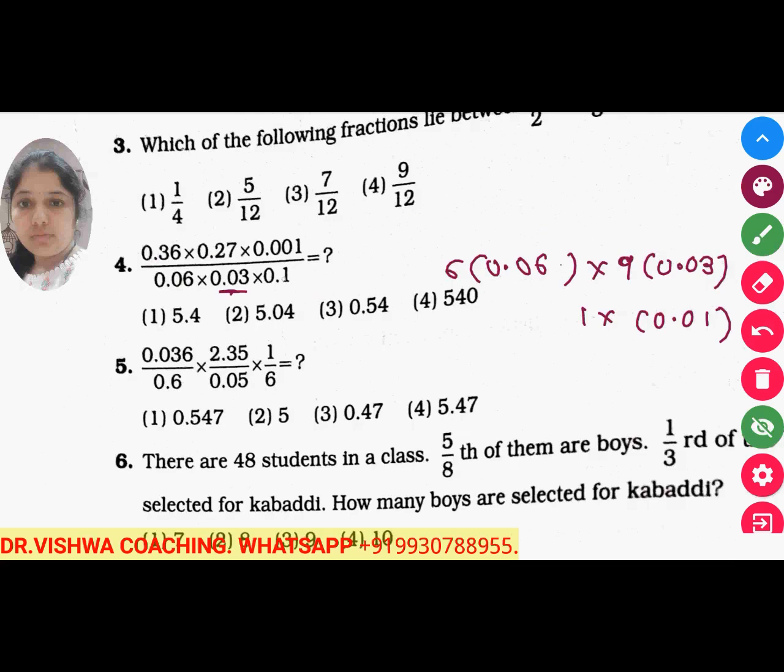Here the point is not changed, but here they move, so it is cube. 0.01, 0.1 cube it is.